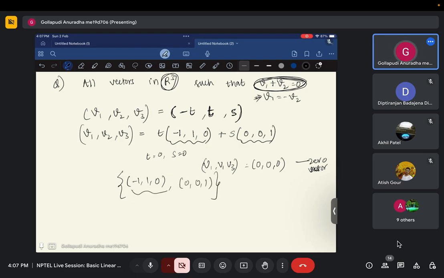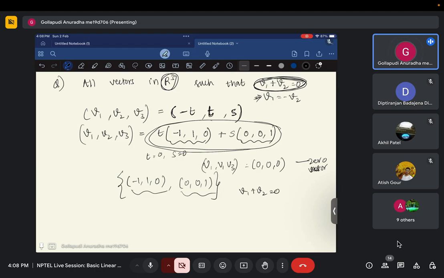These vectors will satisfy the addition constraint. Addition constraint is anyway satisfied because we are expressing this as the linear combination. And these vectors also satisfy the constraints given here.